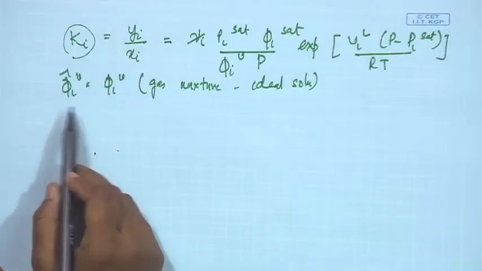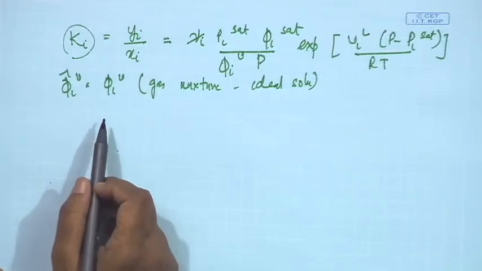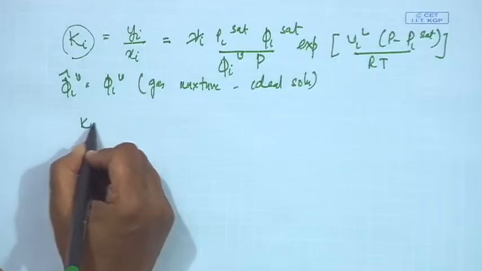And very frequently Ki's have been calculated for a large number of hydrocarbon gases, and then they are tabulated as functions of T and P.